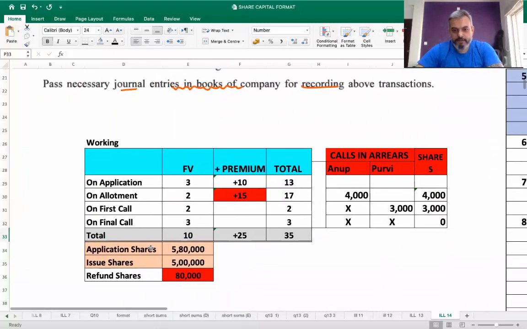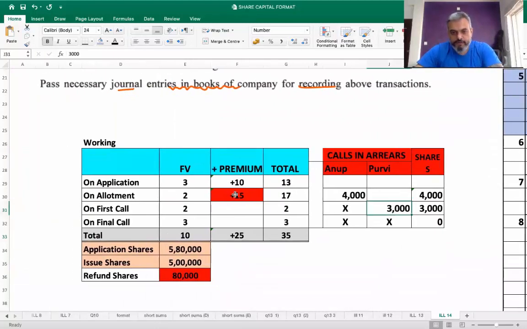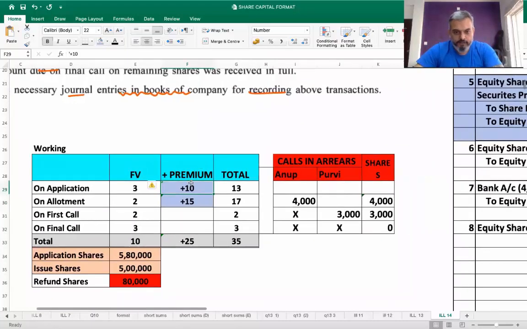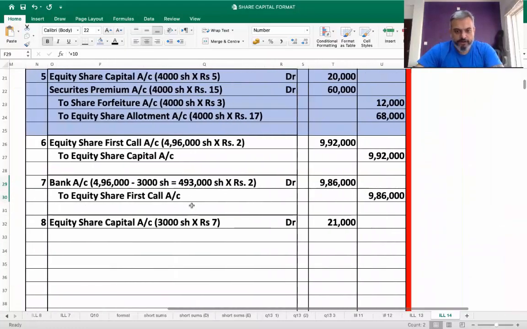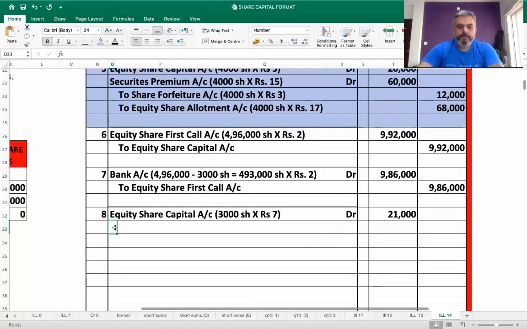Now premium, for these 3,000 shares we received rupees 15. We received rupees 10. So we don't have to do anything for these two. So we have to ignore securities premium account.